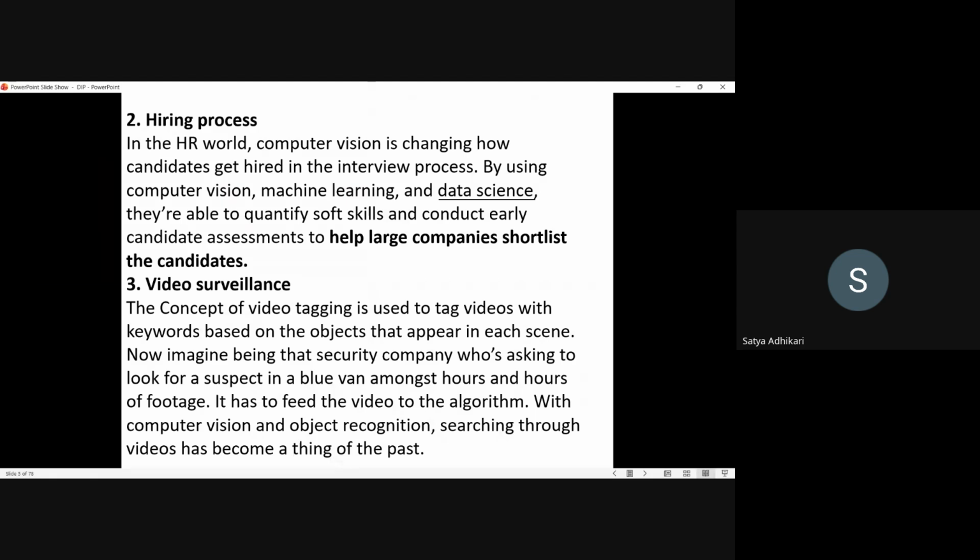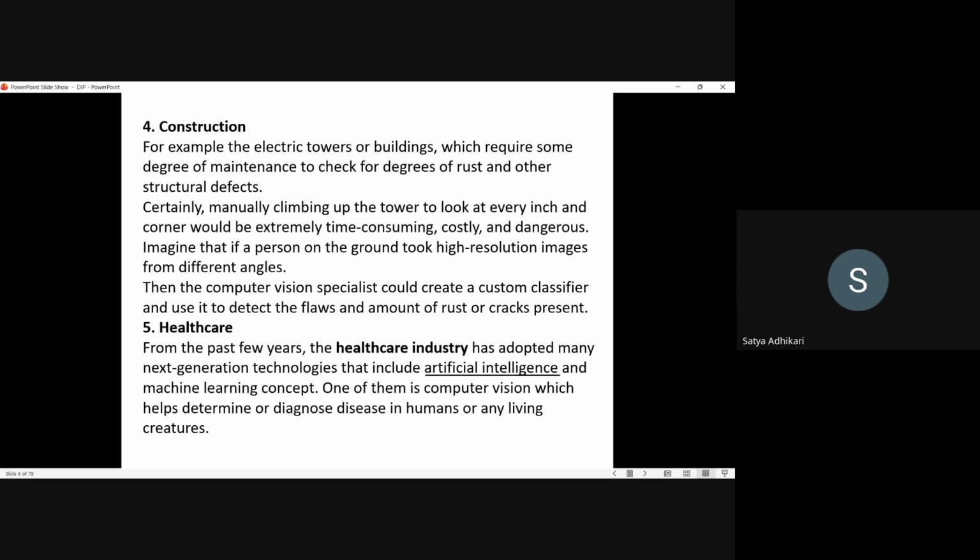From the video, the machine will recognize the object. Suppose a suspect person is moving inside a location. From that video, it will be recognized by the machine. There is a particular algorithm to detect that.